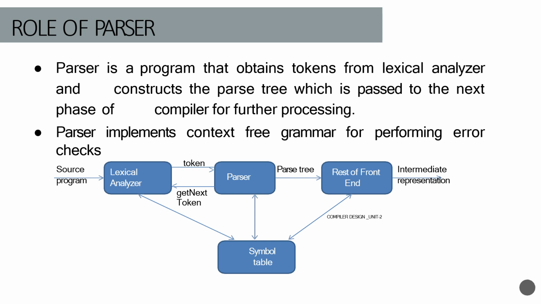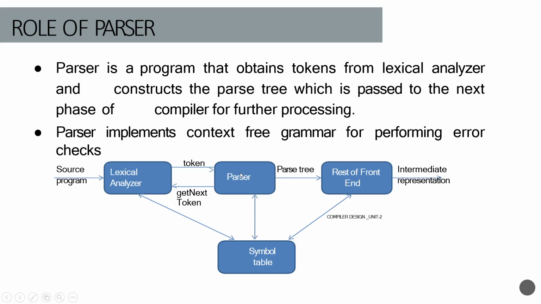So this is a diagram for the parser. In this diagram, the first two phases are shown. The first phase is the lexical analyzer and the second phase is the syntax analyzer or parser. The source program is given as input to the lexical analyzer, and the output of the lexical analyzer is tokens. The tokens are given as input to the parser.